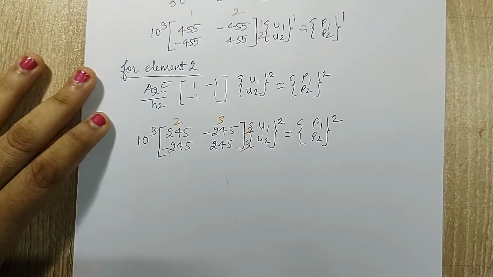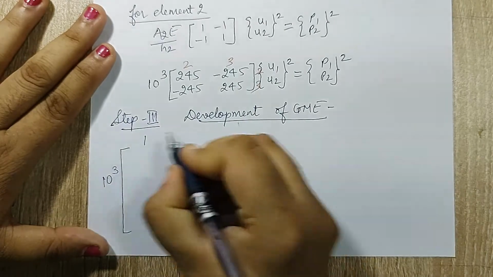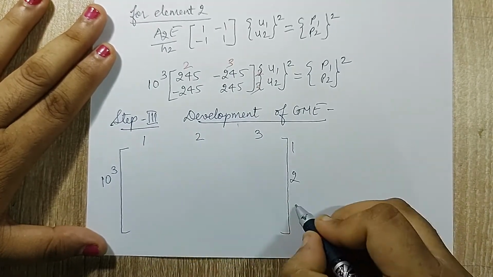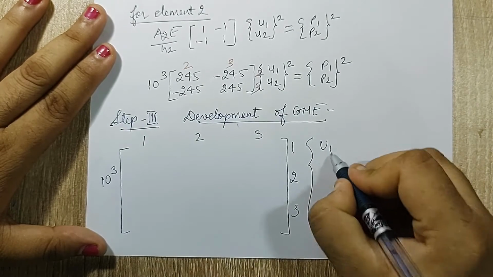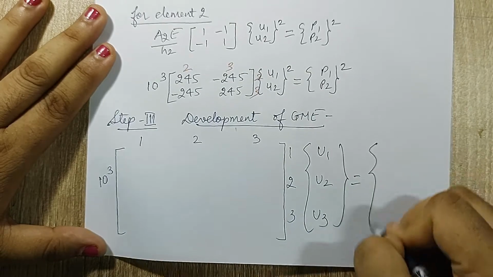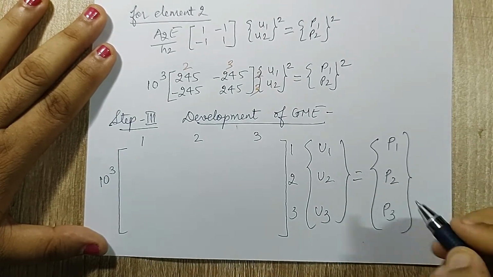Next I'll go for development of GME. I'll have 10 raised to 3 common, with rows and columns 1 2 3. I'll have U1 U2 U3 is equal to P1 P2 P3.